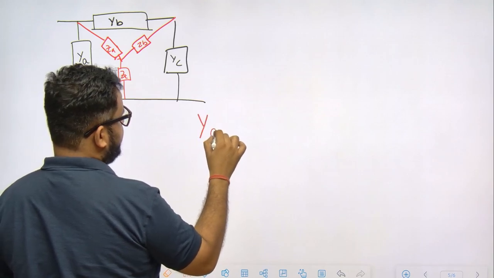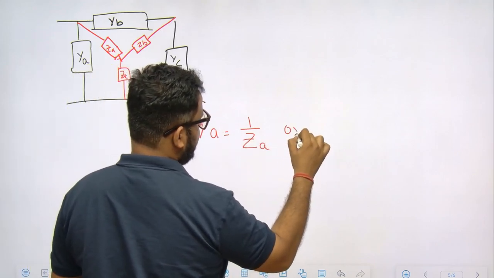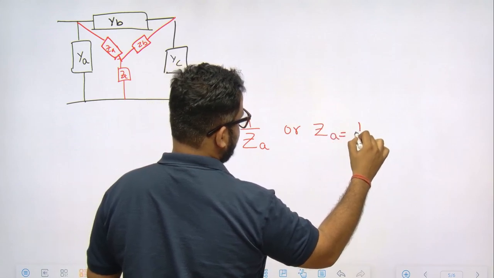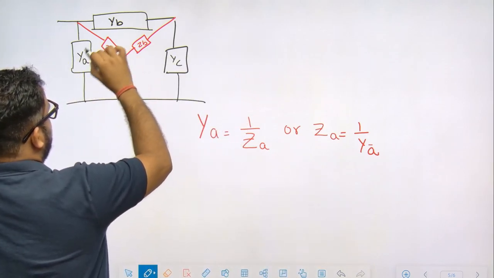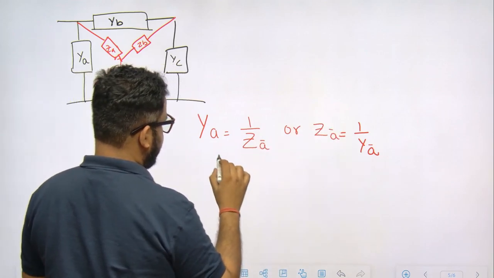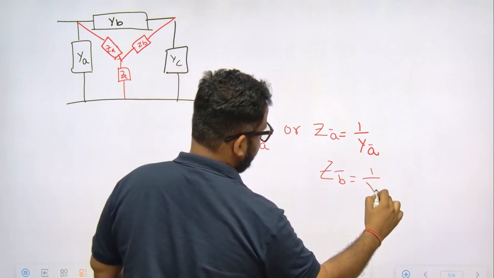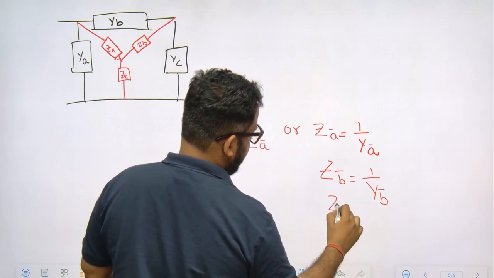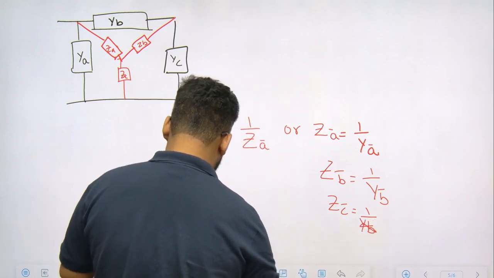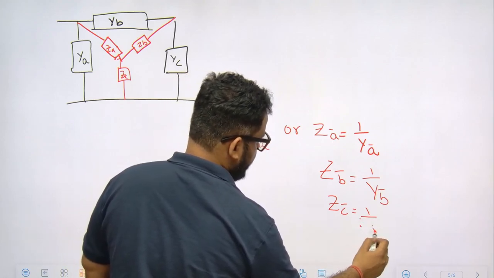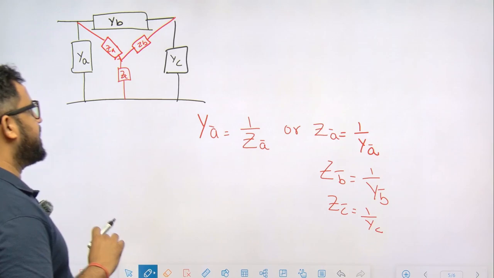This YA is to be written as 1 by ZA, or I can say ZA dash is to be written as 1 by YA dash. Not this ZA, this one. Similarly, ZB dash would be 1 by YB dash, and ZC dash would be 1 by YC dash. So you just have to remember this thing, because this will change my result drastically.